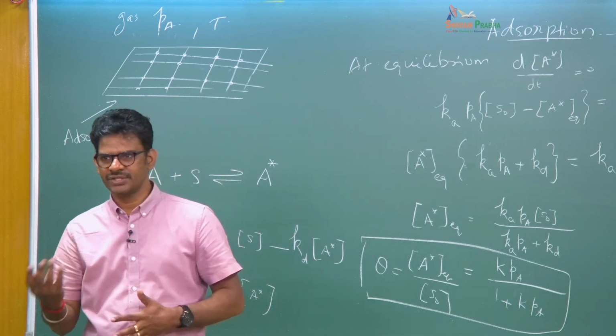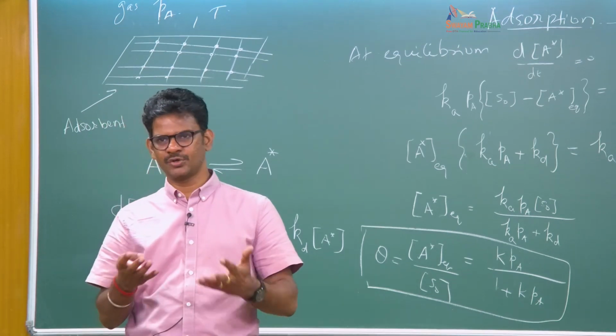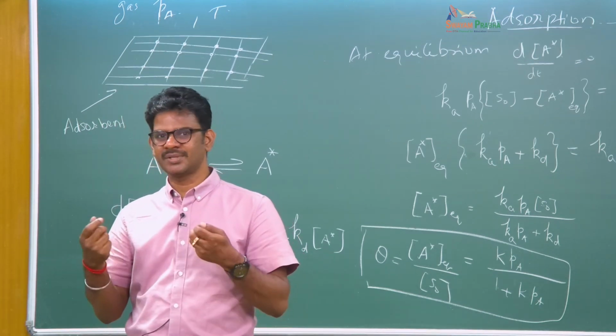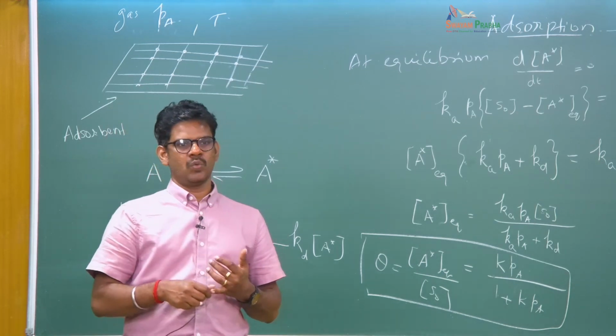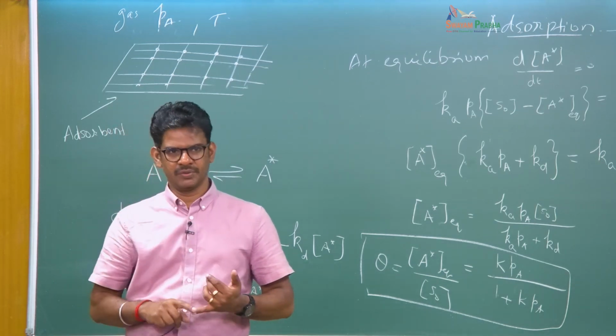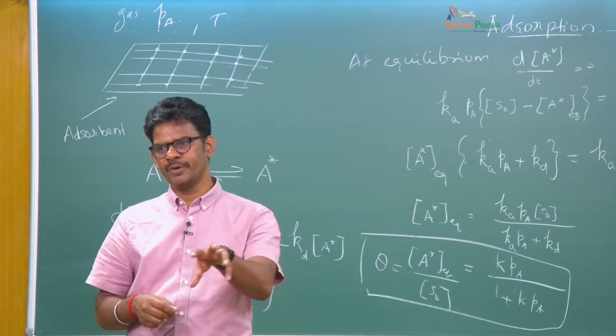Some sites are more energetic, some sites are not very energetic. So, there is also some variation in the adsorption capacity of the sites. Another thing is, we say that one site is occupied by only one molecule, but many times that is not the case. One molecule may actually occupy 2 or more sites.